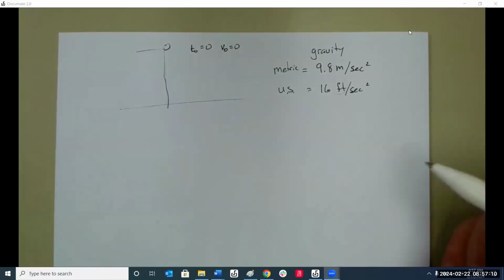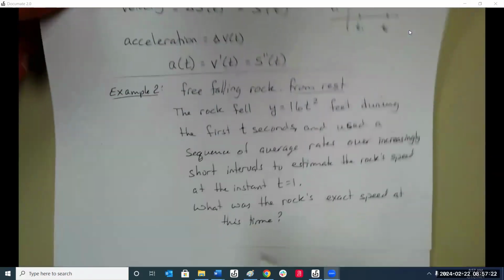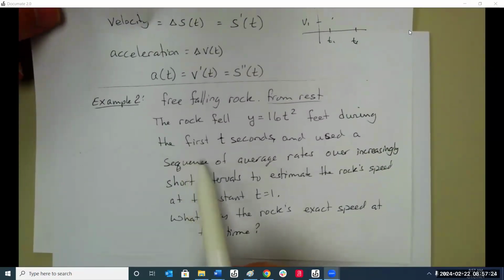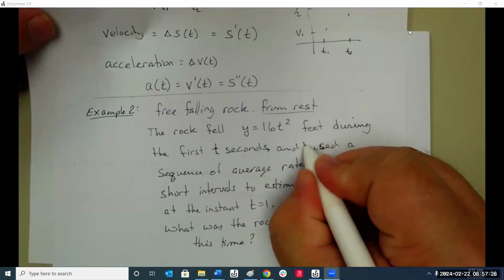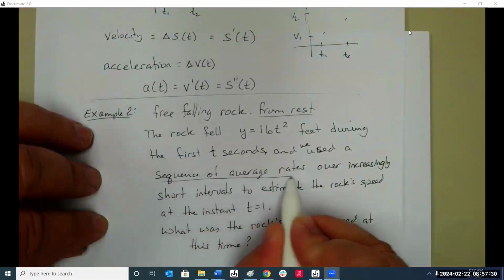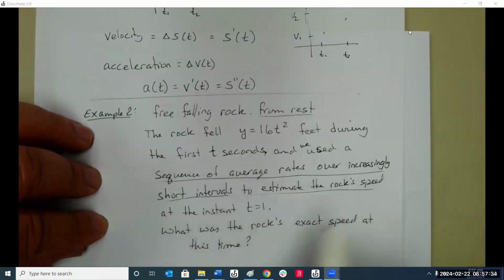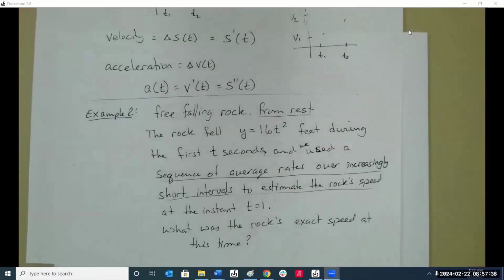All right, so we have to make that distinction first. So then what else are we looking for? Free falling rock, t seconds, use a sequence of average rates. What does that mean? For the first second, we used a sequence of average rates over increasingly short intervals to estimate the rock's speed. What does that mean?